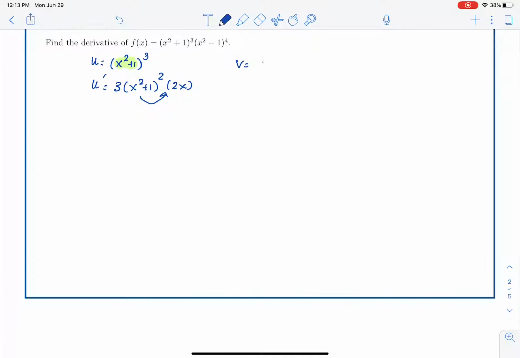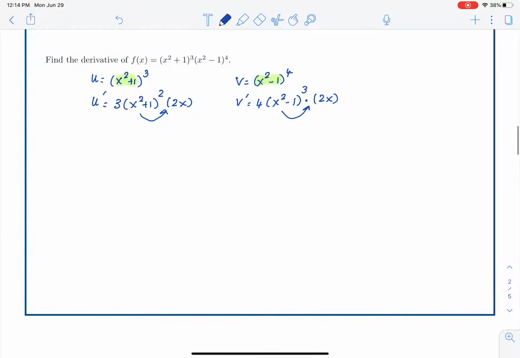v, similarly, is x squared minus 1 raised 4. v prime, if I treat x squared minus 1 as simply x, I have 4 times x squared minus 1 raised 3, but multiply by the derivative of the function inside, I get 2x.